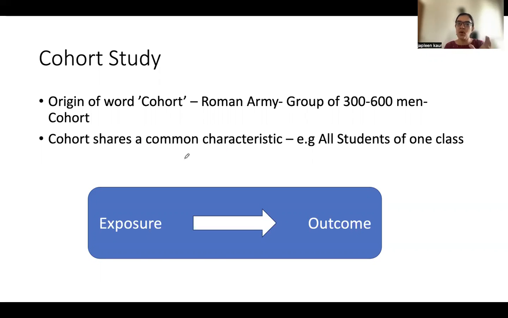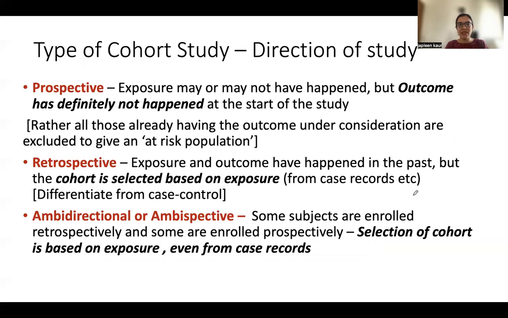How do we choose a cohort? Basically, they share a common characteristic. Suppose all students of one class, or all senior residents of B.R. Ambedkar Institute, right? So we move from the exposure towards the outcome. This is the important thing to remember when we are talking about a cohort study. We'll go to the types of cohort studies further.